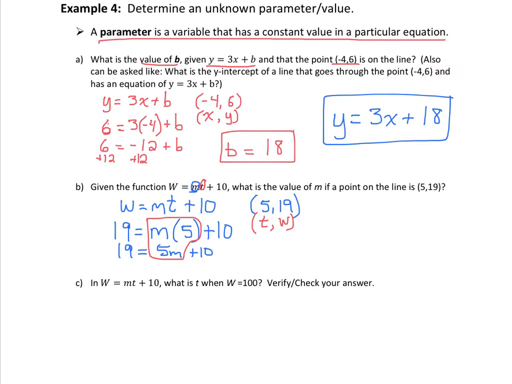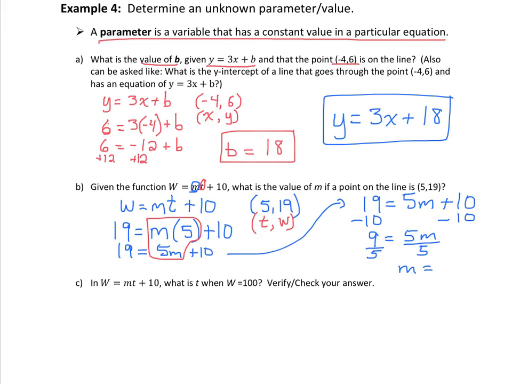So if I just come over to the right side, 19 equals 5m plus 10, and I solve for m, the first thing I need to do is subtract 10 from both sides. So I get 9 is equal to 5m. And then divide both sides by 5. So my answer is, for the slope, m is equal to 9 over 5.